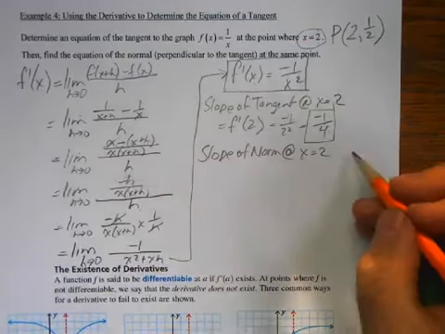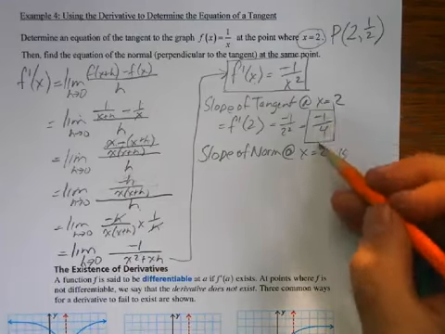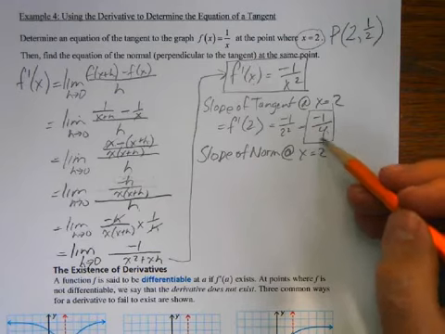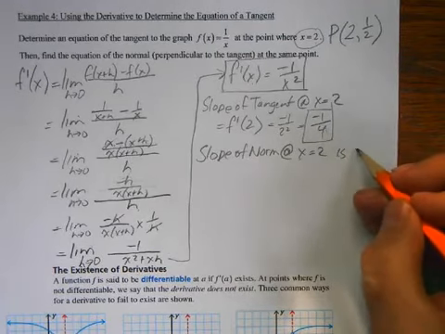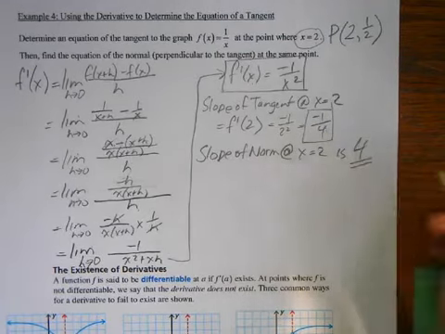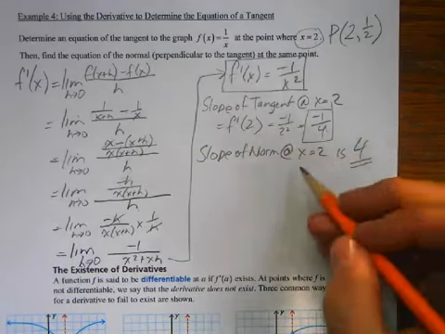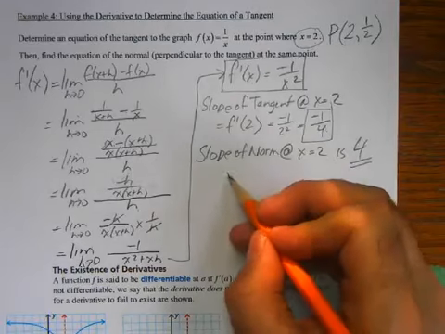Remember, perpendicular slopes are negative reciprocals, so this will be 4. So the slope of the normal at x equals 2 is 4, so we can start making the equation of that normal, because now we know it's y equals 4x plus b.